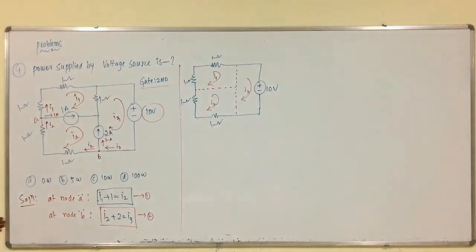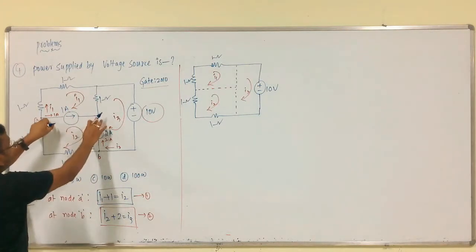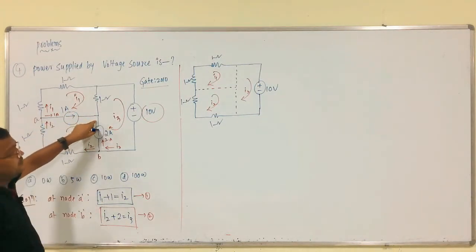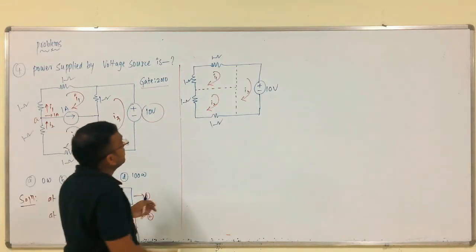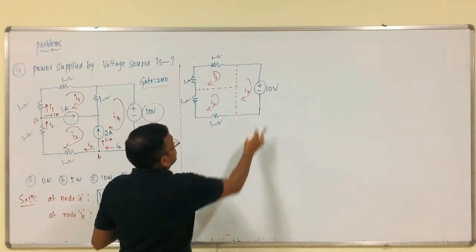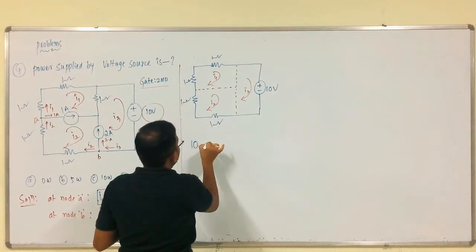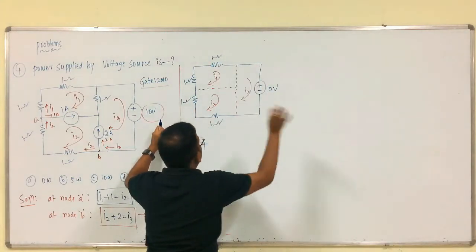Excluding these parts, we get a simple loop starting from 10 plus, there is no resistive branch in loop 3.